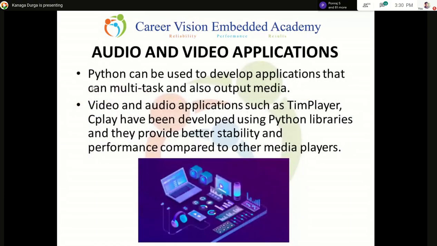Then come audio and video applications, where the players you use to play your audio or video, such as StimPlayer or CPlay, are developed using Python libraries. These players are stable, and that is why we prefer them. The main reason for them being stable or giving higher performance output is that they are developed using Python libraries.